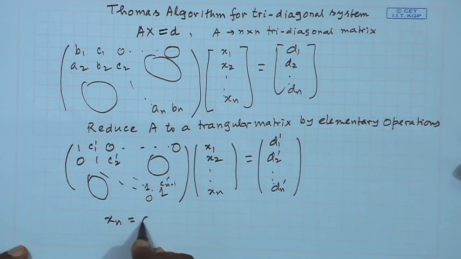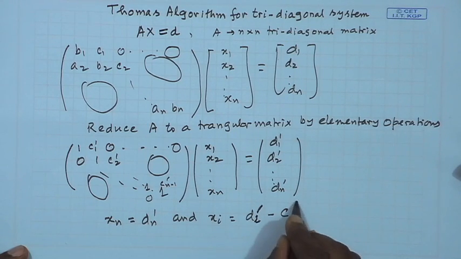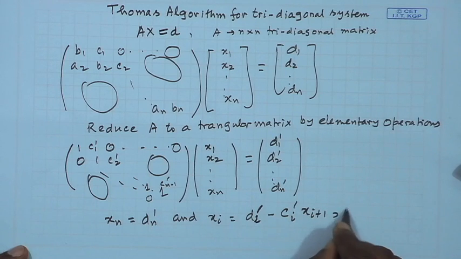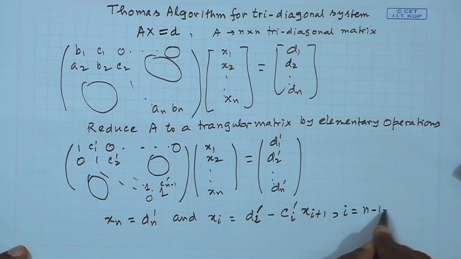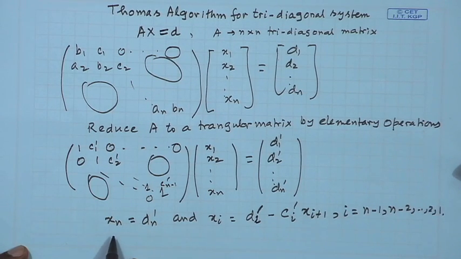Now once I have a system like this, I can very easily write the solution as xn equal to dn dash, and by back substitution, xi equal to di dash minus ci dash xi plus 1, for i equal to n minus 1, n minus 2, etc., 2, 1. So first I get the last variable xn from the last equation, then subsequently the last but one, and so on.